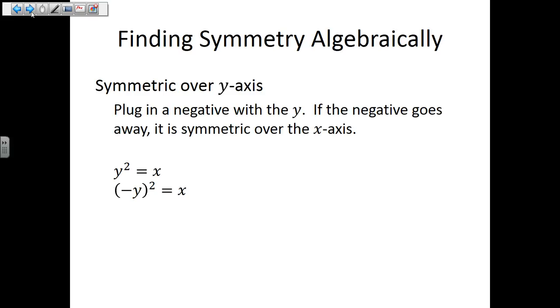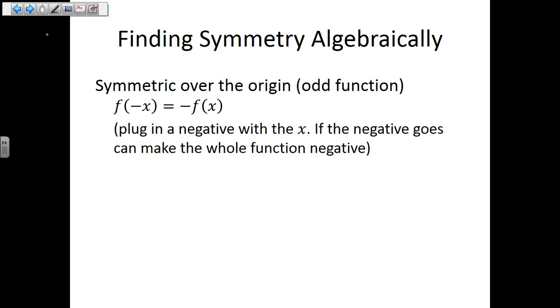That negative is going to go away because negative y squared is just y squared. That negative is going to get thrown out, and we're back to our original relation. Notice I didn't say function, I said relation. Functions cannot be symmetric over the x-axis. Excuse me, I said y-axis earlier, I should say x-axis right here. I thought I changed that.